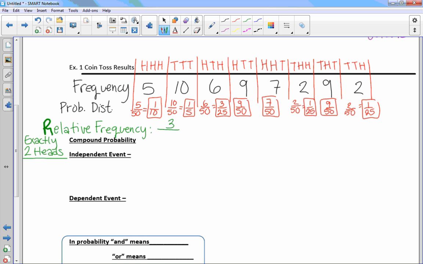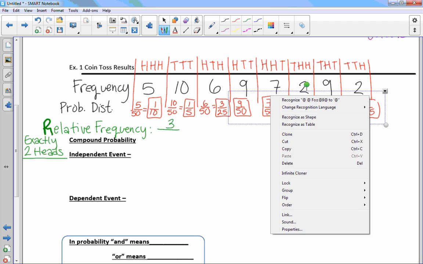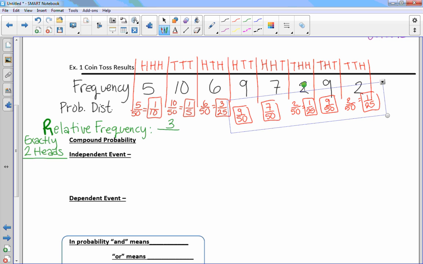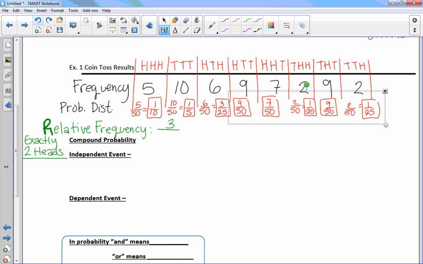Yeah, 6 of them here. How many here? And plus how many here? Oops. 15. Okay, so we divide by 3, top and bottom, and we get our relative frequency is 1 out of 5.